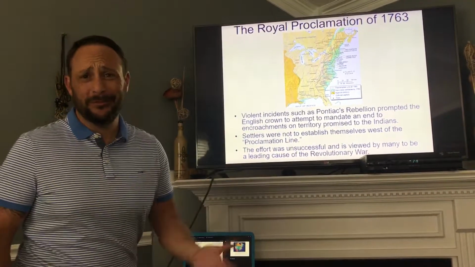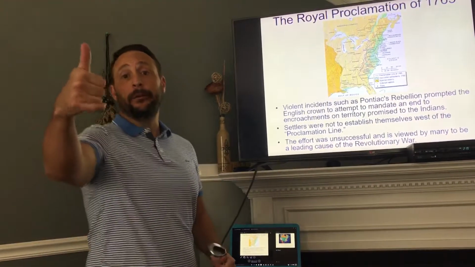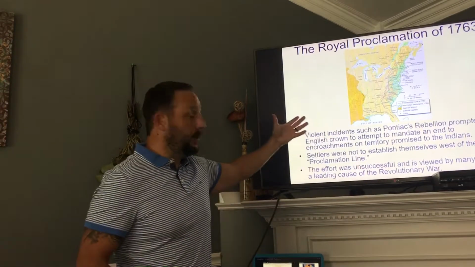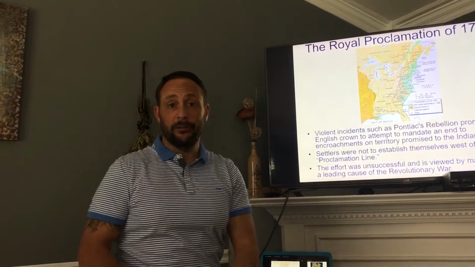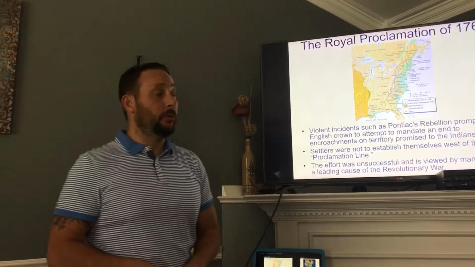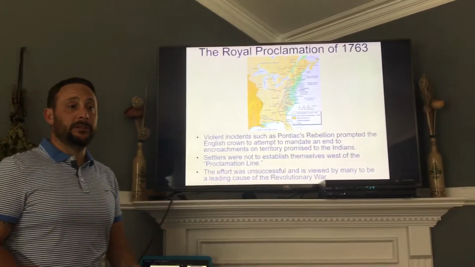Now, do you think the British could have enforced that? Heck no. The colonists were like, all right, cool, King, we're just going to go ahead and do what we want. So this whole thing caused the American colonists to not trust the British and was a key factor in starting the Revolutionary War. So you got to remember that Royal Proclamation of 1763.